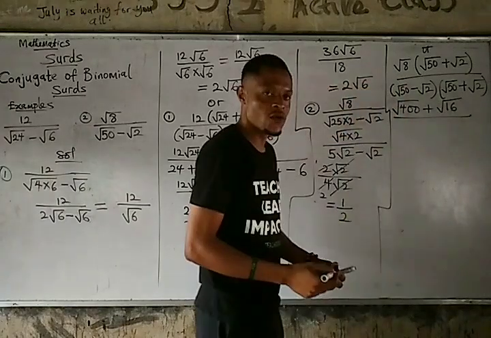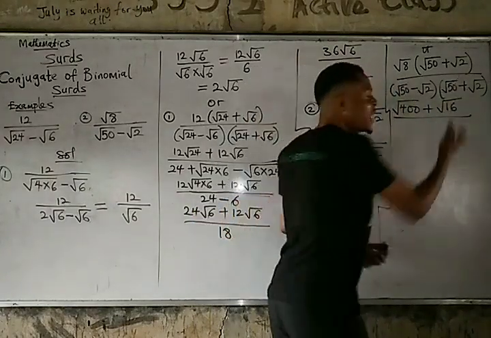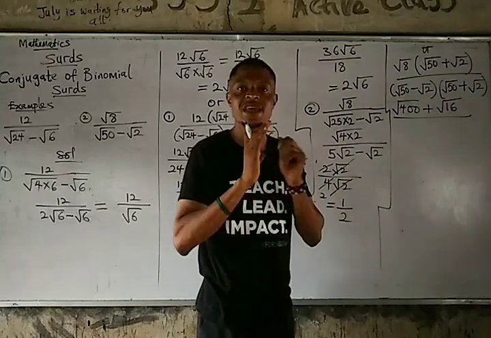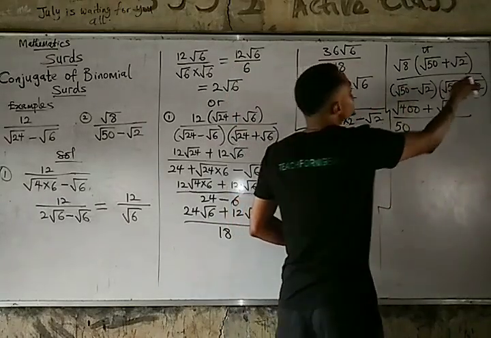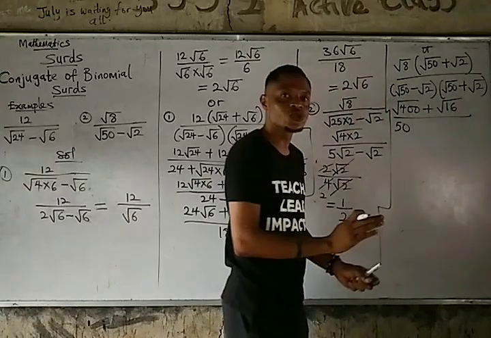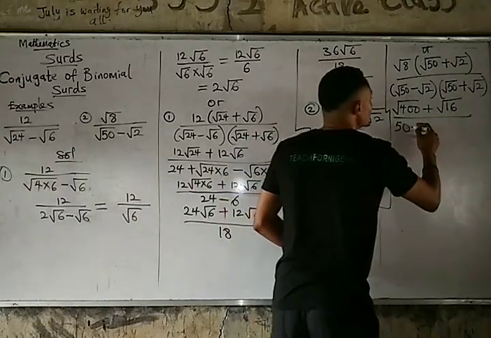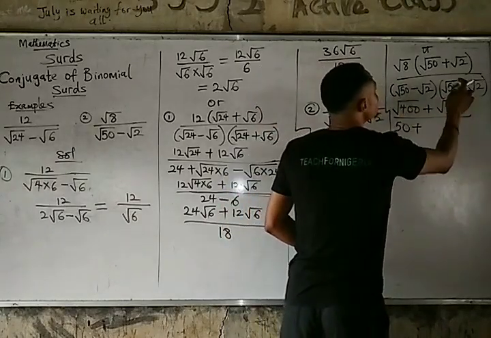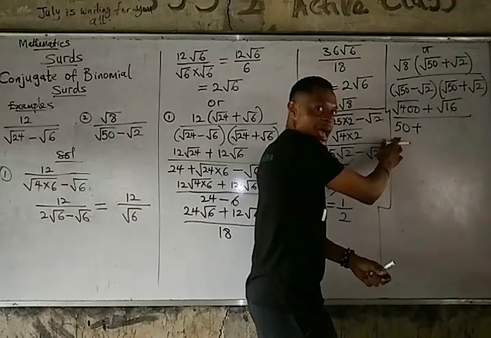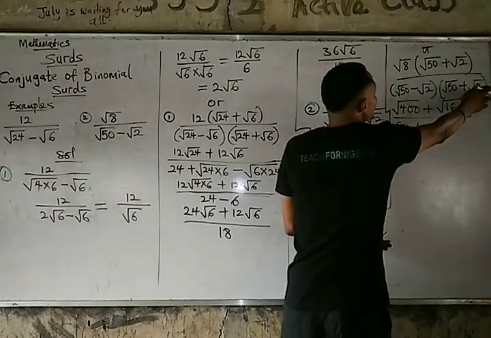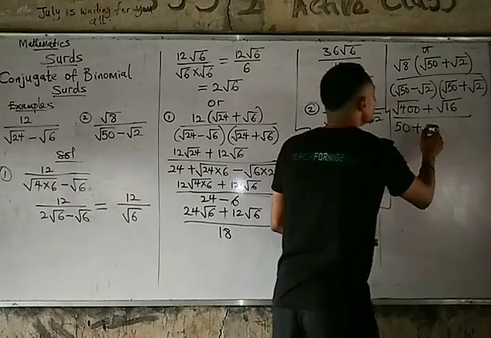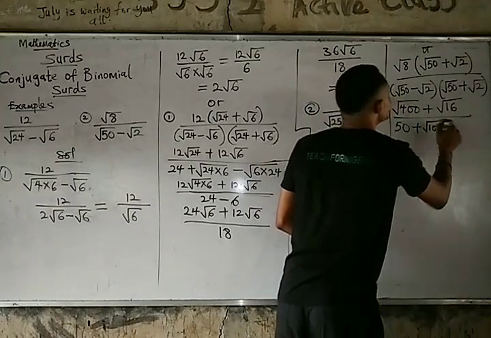Everything all over root 50 multiplied by root 50 will give me 50. I have 50. Then root 50 multiplied by root 2 will give me plus root 100, and I add 50. Root 50 multiplied by root 2 will give me root 100.